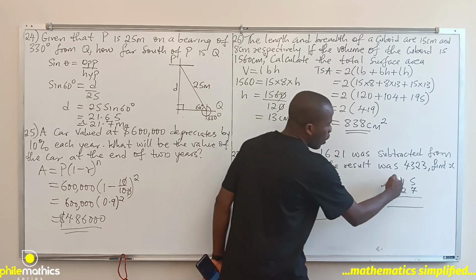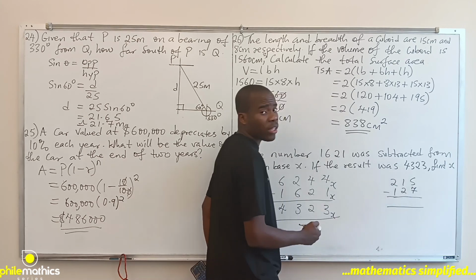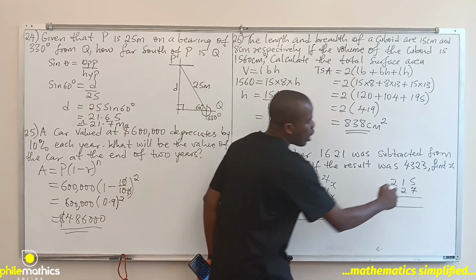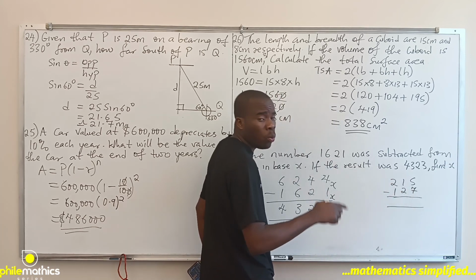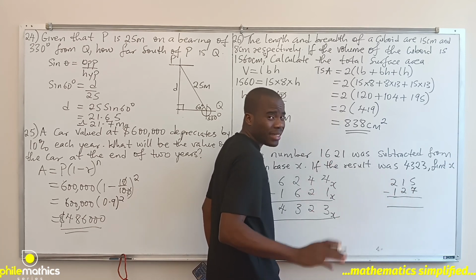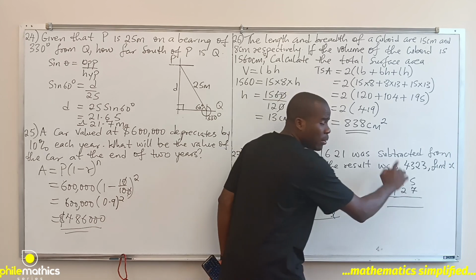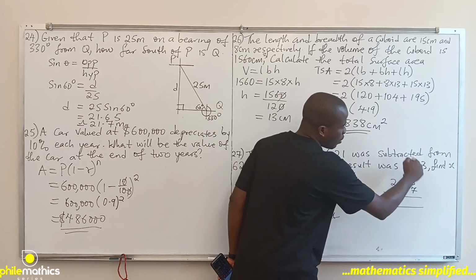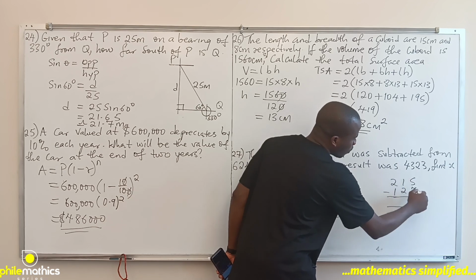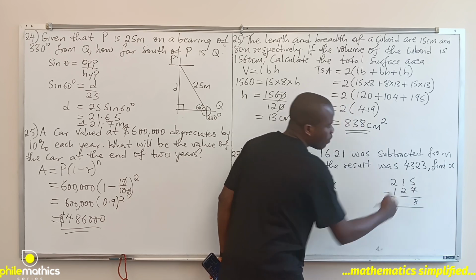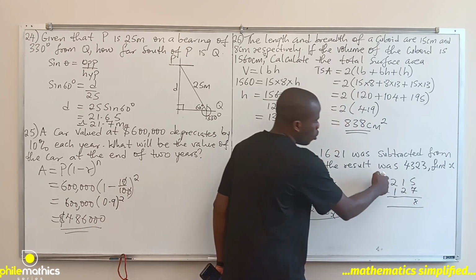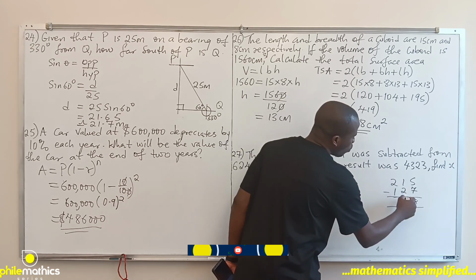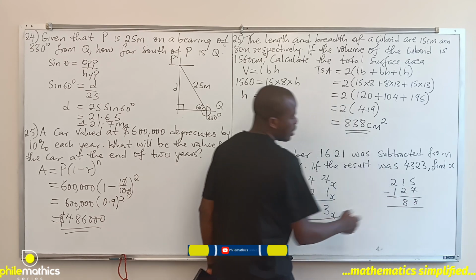And when you borrow 1 and add it here, it is 15. Why is it 15 and not 6? It's because we are working in base 10, which is our normal number base system. You borrow 1 in base 10, it is 10. So 10 plus 5 is 15. 15 minus 7 is 8. What is left here is 0. You borrow 1 and add it to 0, it is 10. 10 minus 2 is 8. And this is the answer.